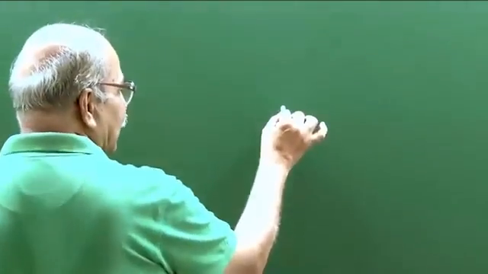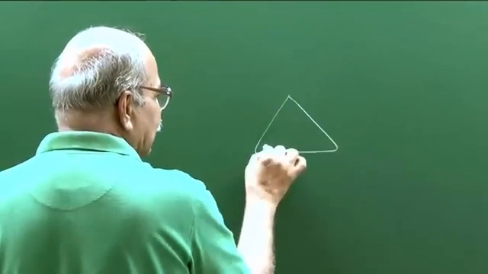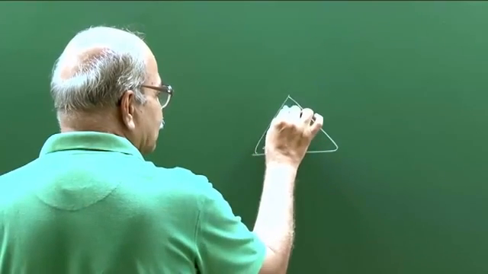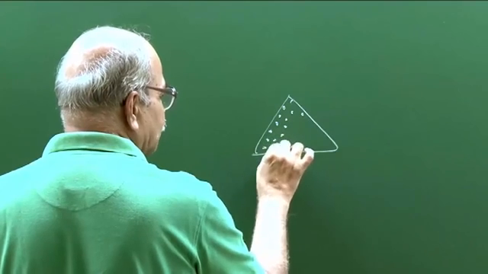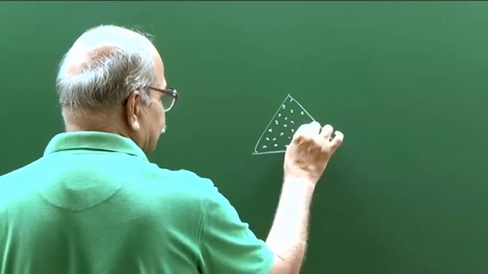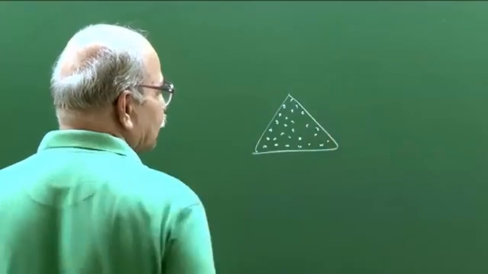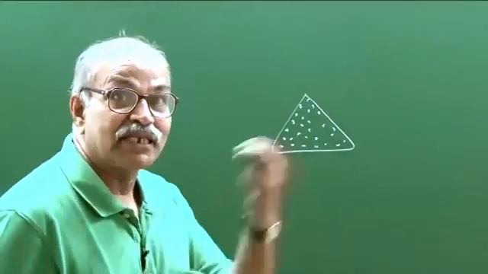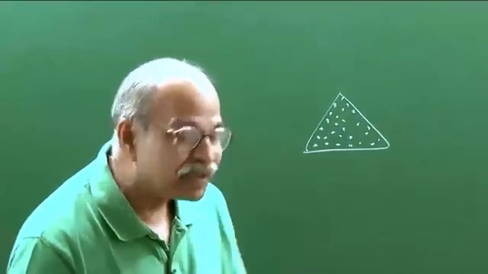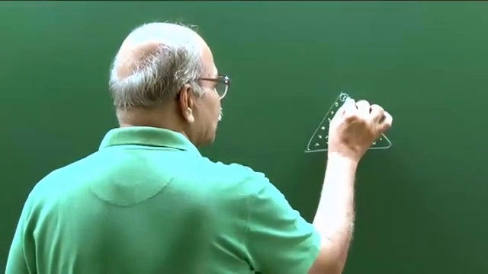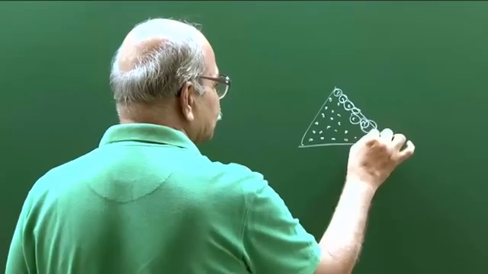Suppose your opening is triangular. So, these are the points, you take these as the points. This is all triangular. Each point is making a circular disc, but if the screen is close, those discs are small. So, you have a disc like this, a disc like this, a disc like this, and so on.